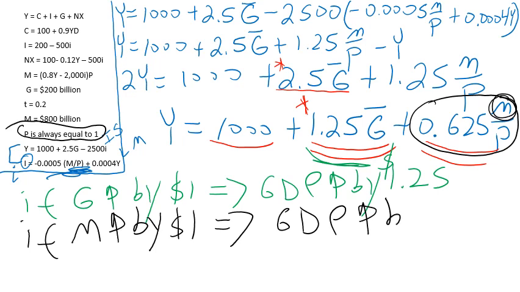It's going to go up by, well, let's round up a bit, 63 cents. If the money supply goes down by $1, then the GDP would go down by 63 cents, etc., etc.